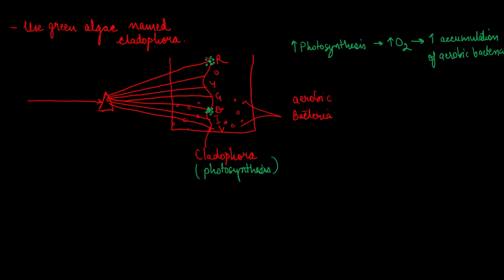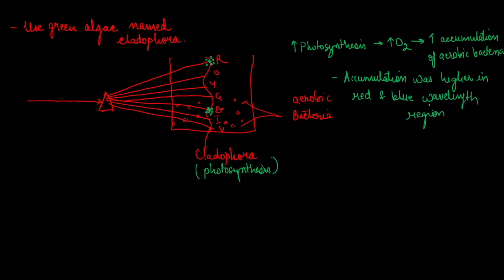So the region where there is higher photosynthesis will have higher accumulation of aerobic bacteria. He observed that the accumulation was higher in the red and blue wavelength regions.